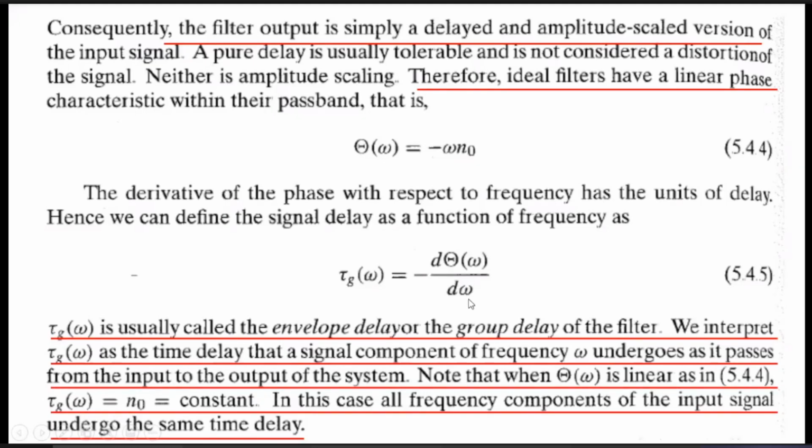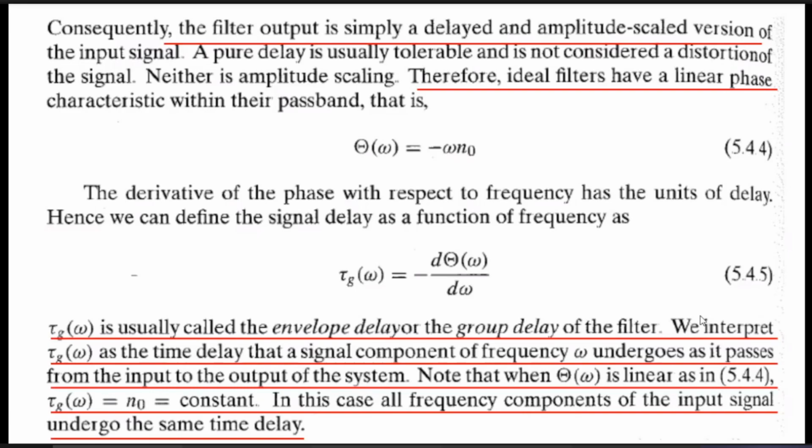Theta(omega) is linear, so d theta d omega is n0, which is constant. So the group delay is constant. In that case, all frequency components of the input signal undergo the same time delay. So if the phase characteristic is linear, then all undergo the same time delay.